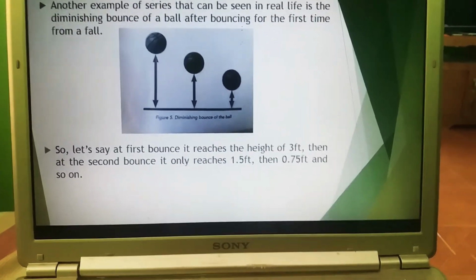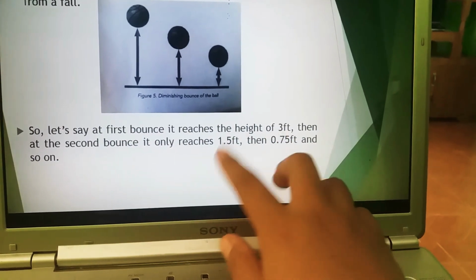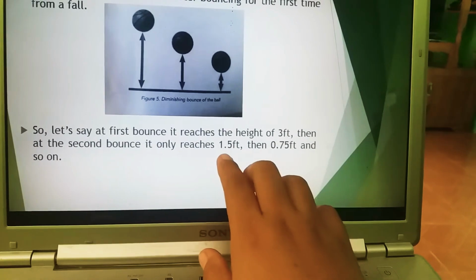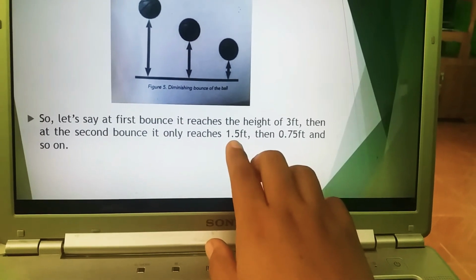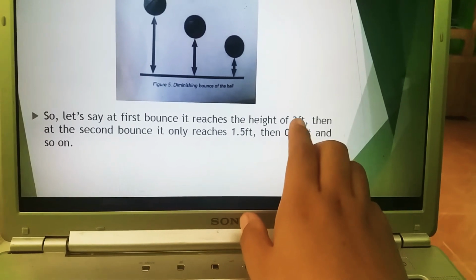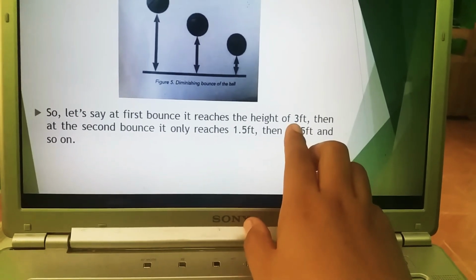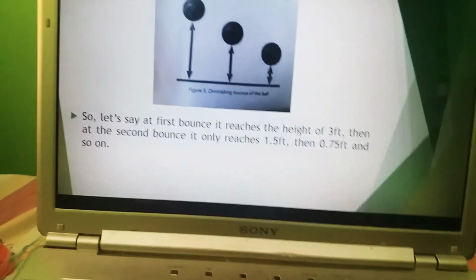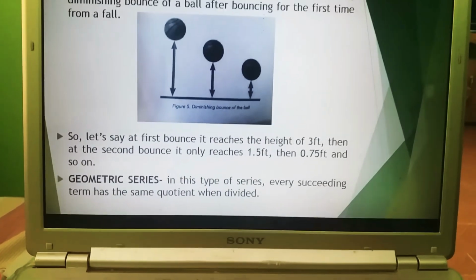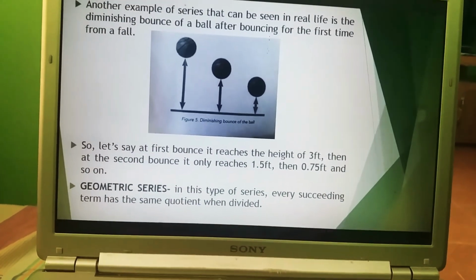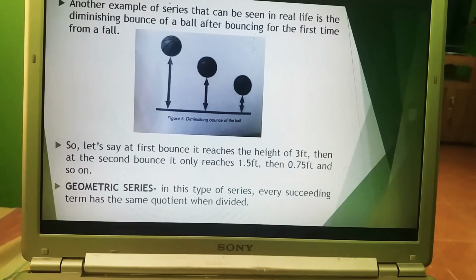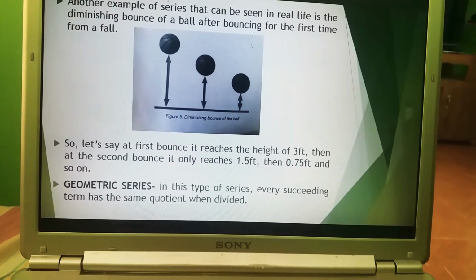So as you can see, if you are going to determine the pattern with this bouncing ball, if you divide your second bounce, which is 1.5, by 3, we are going to have a common ratio of 1/2. Okay, so this is an example of a geometric series. In this type of series, every succeeding term has the same quotient when divided.